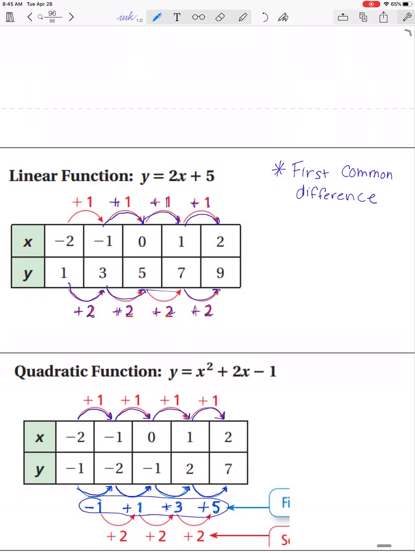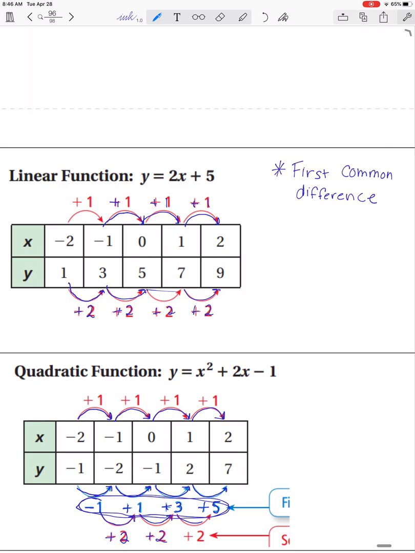But we have to do a little bit more investigating. We have to say, well, okay, can it be a quadratic function? So in order to find out if it is a quadratic function, you're just going to do the same thing with these numbers here that we just found. So we're going to say, okay, how do we go from -1 to 1? We add 2. How do we go from 1 to 3? We added 2.